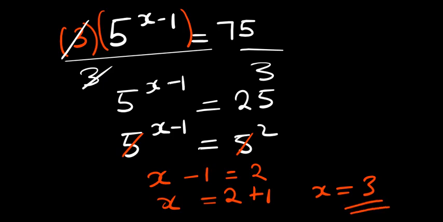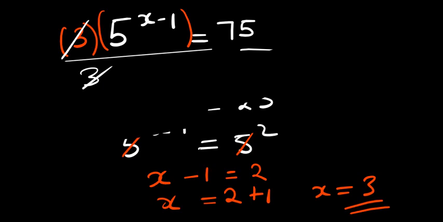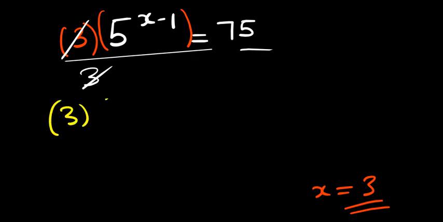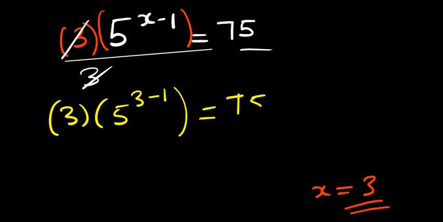Let's just try to find out if really x is equal to 3. So allow me to wrap this part. Then I'm going to say 3, that's what we have. We have 3 times 5 to the power, where there's x, I put 3 minus 1. Is this whole expression going to give me 75? That's the question.